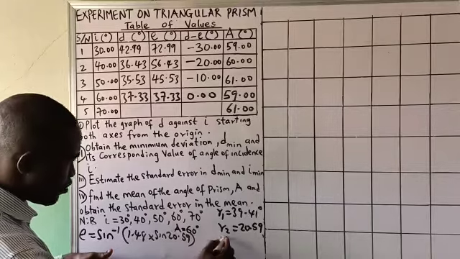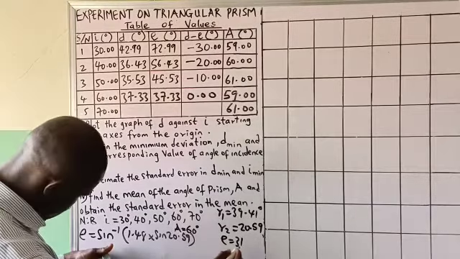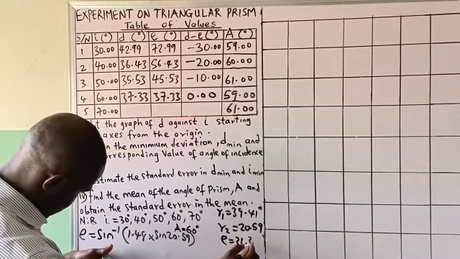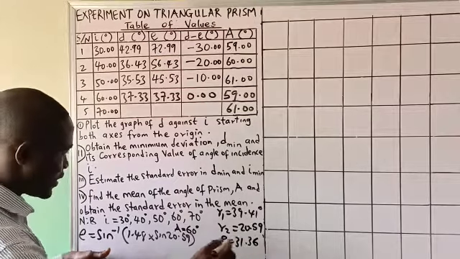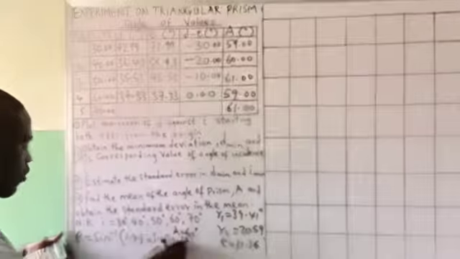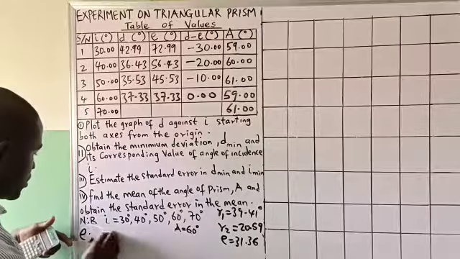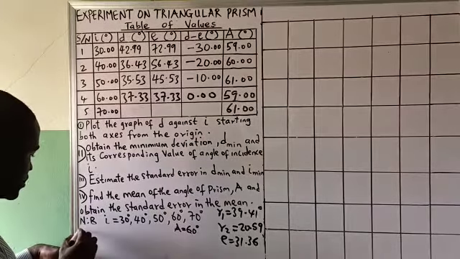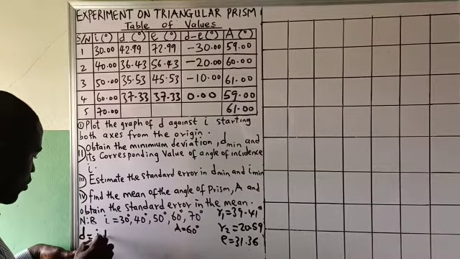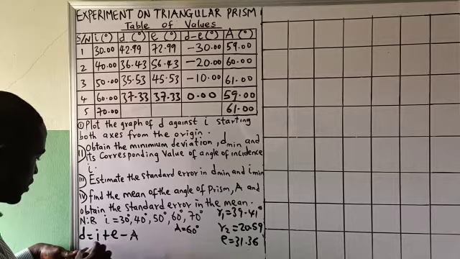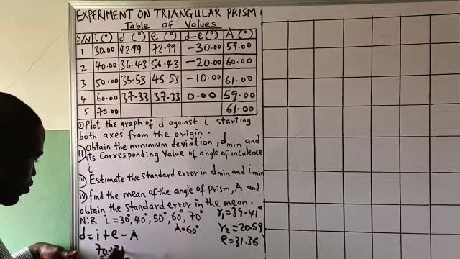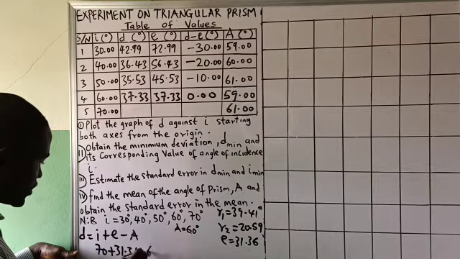That will be giving you E equals 31.36 degrees. Then we'll come to our D. I will say that our D is equal to I plus E minus A. That is 70 plus 31.36 minus 60.